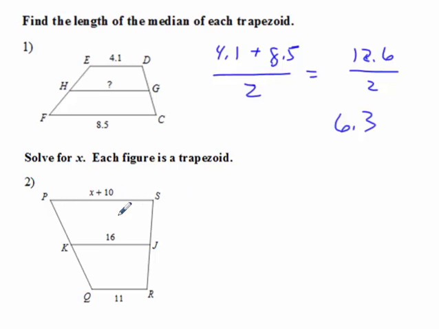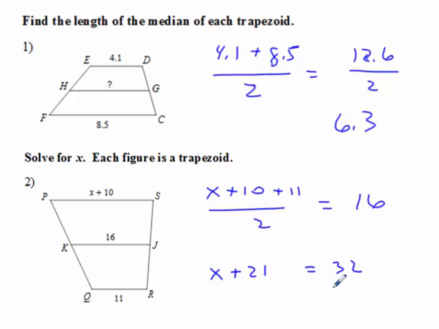This base plus that base over 2 is equal to the median. So you're going to get x plus 10 plus 11 over 2 is equal to 16. Double it, and we combine these terms. We got x plus 21 is equal to 32. And you subtract the 21 from each side, and we're going to get 11.